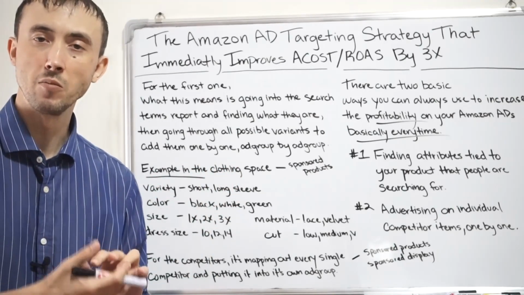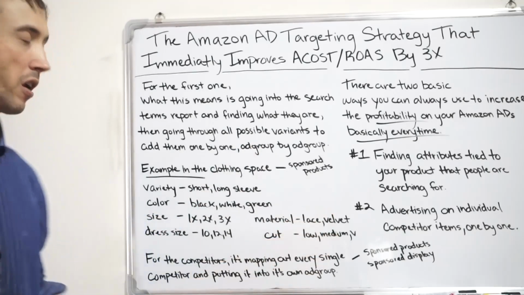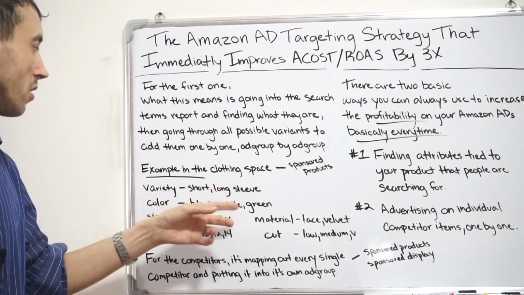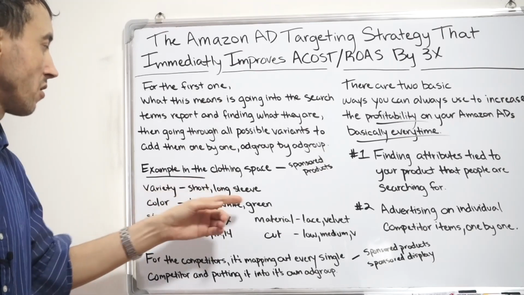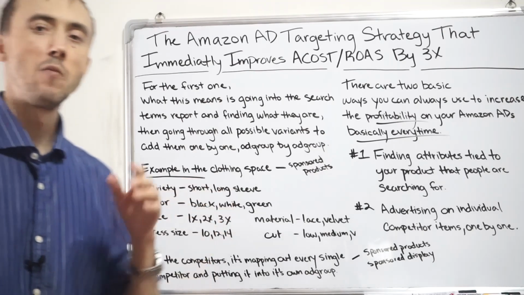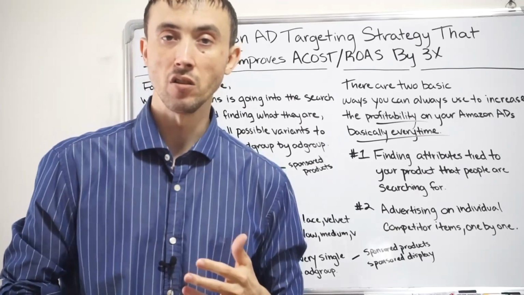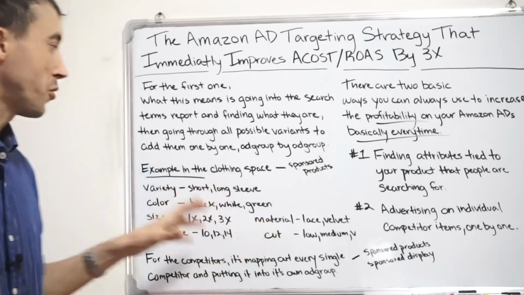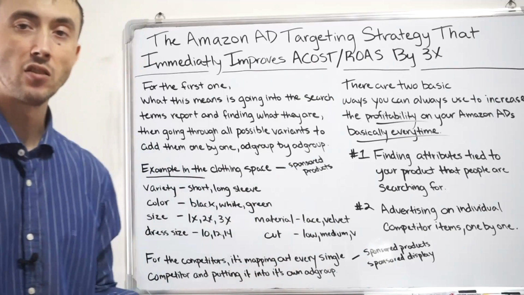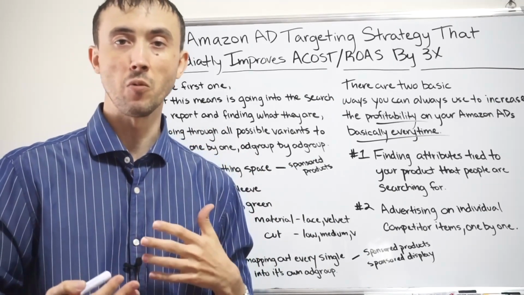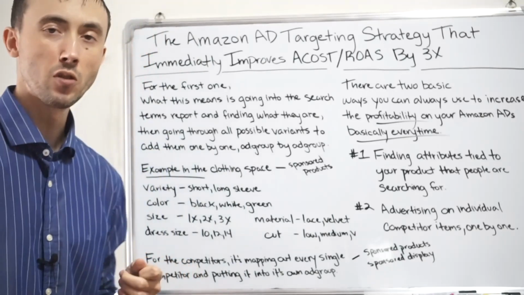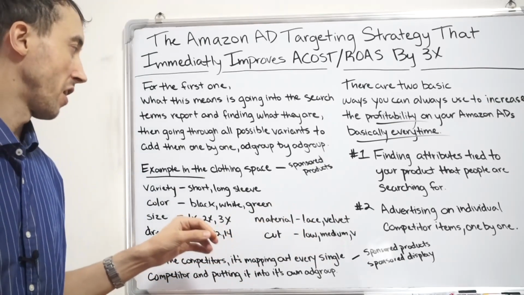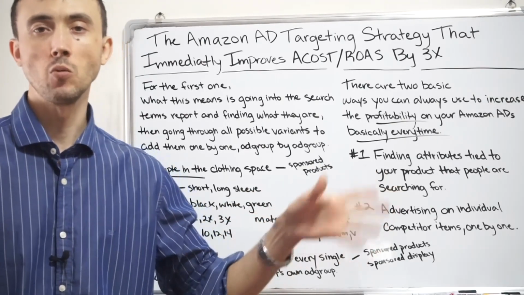We'll just say there's other items that they sold, but in the individual dress category of clothing, we would take dress plus short, dress plus long, dress plus short sleeve, dress plus long sleeve, dress plus black, dress plus white, and find what I call all the different permutations of the product and these different individual subtraits that people refer to that product as, to get all the, what they call in the industry that we're in, long tail keyword searches that people search for to find our products. And so the typical person would actually start out just targeting dresses, pretty dresses, whatever.